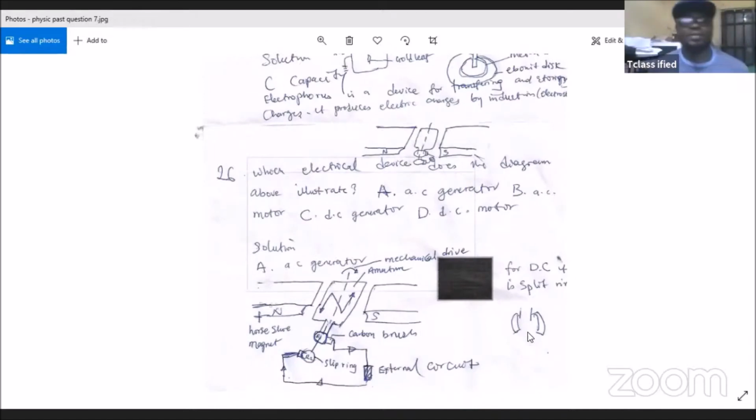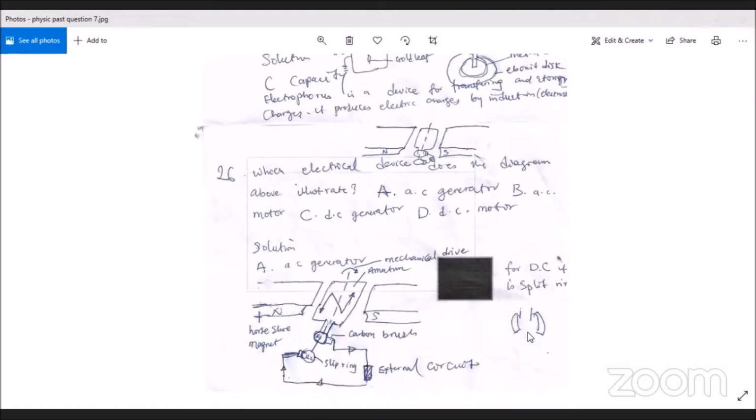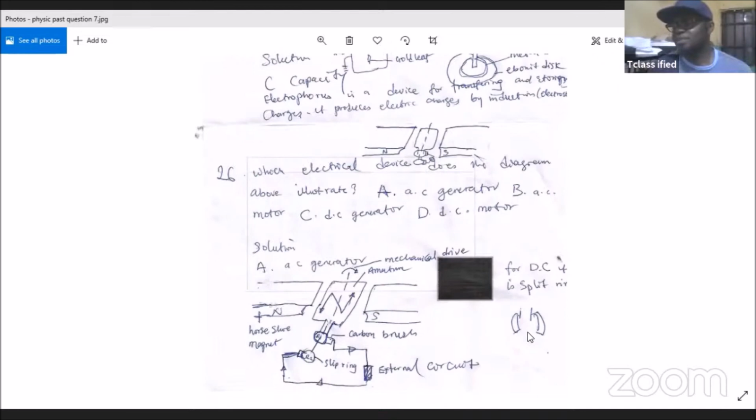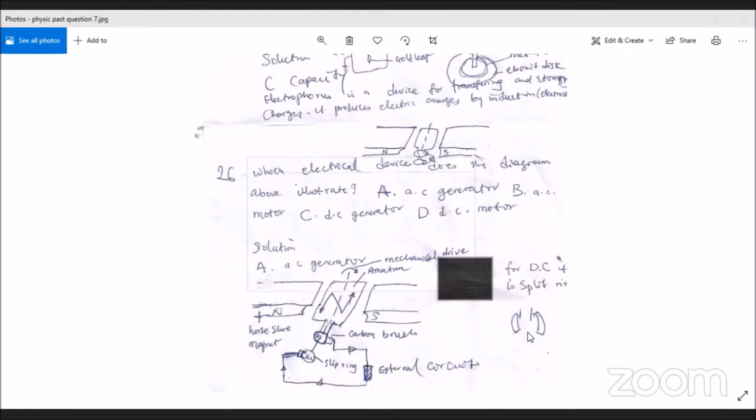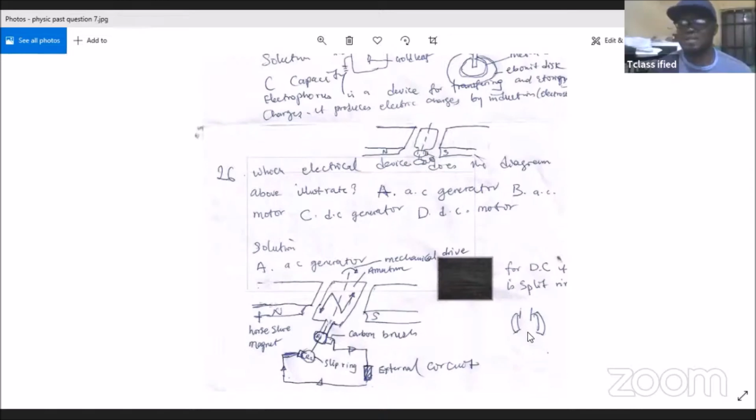Then I'll solve the rest. If I'm able to finish in time, I'll send you a link. If not, we'll continue on Monday. By Monday, I should have sorted out both this one and the remaining chemistry. Okay, sir. Should I still expect you today? I'm not promising, but I'll try my best and see.